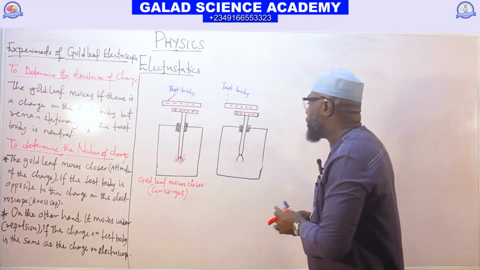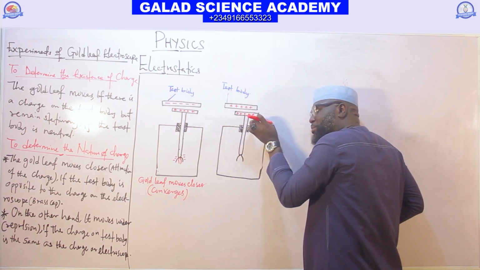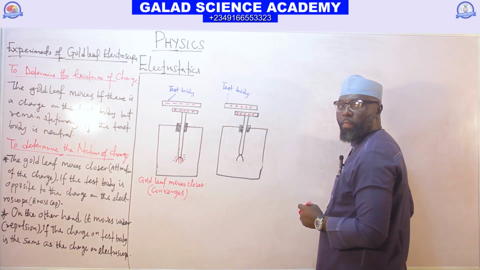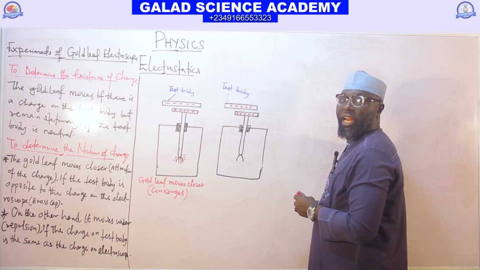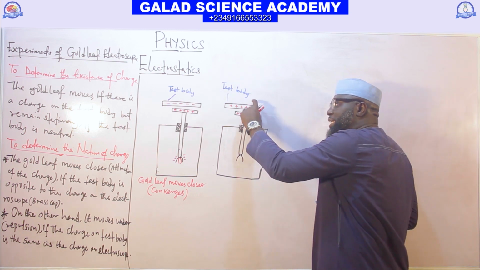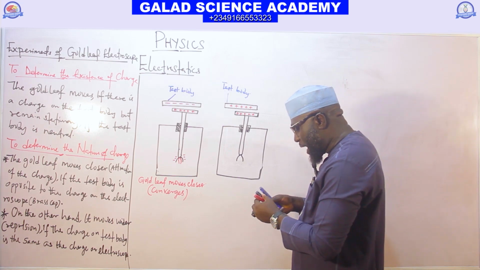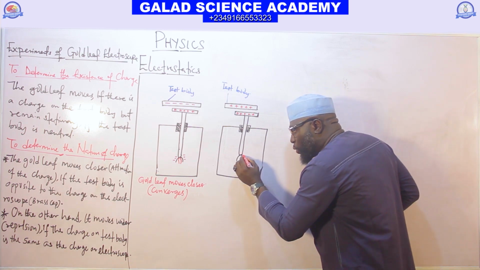But here, the charge we have on the test body is the same as the charge we have on the electroscope. What will happen here? These two will experience what we call a repulsion force. When it experiences repulsion force, the leaf will diverge.